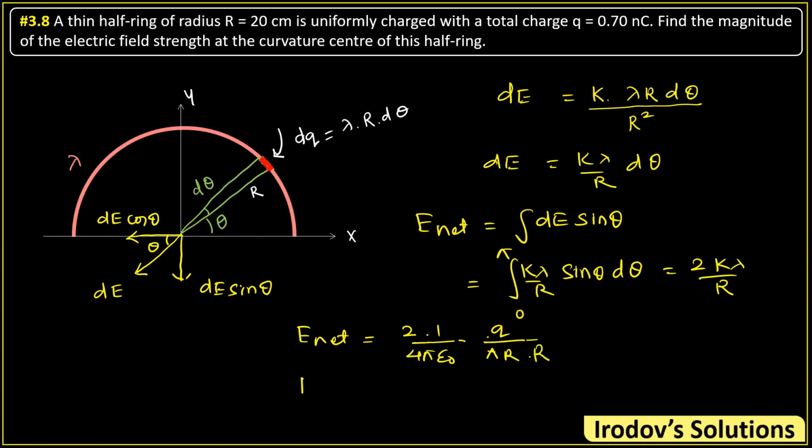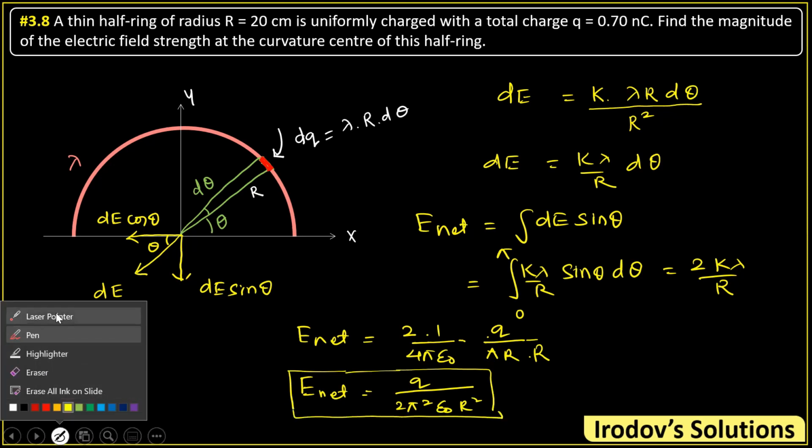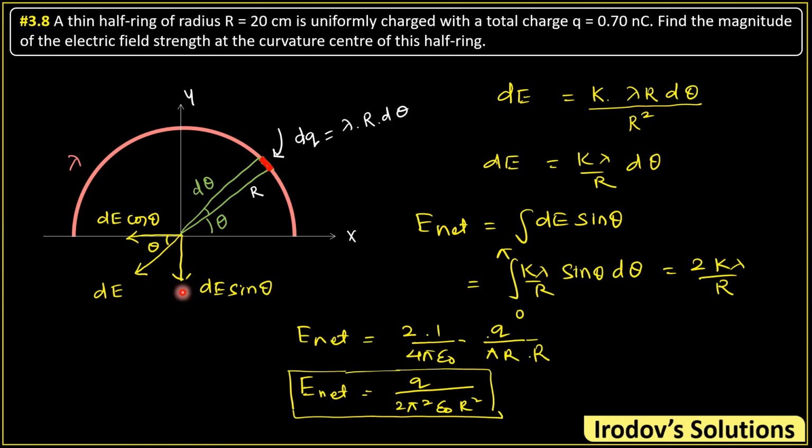So now in terms of q and r, we can write this as q upon 2 pi squared epsilon naught r squared, and this is the magnitude of the electric field, and this net electric field would be along this direction. And that is our answer.